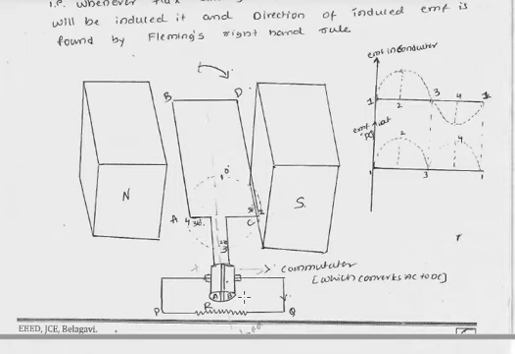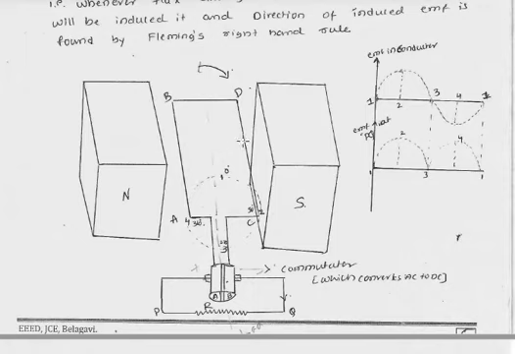Now with this arrangement, on this side we have commutator segment A, and on this side we have commutator segment B. Whenever this coil is rotating, and this commutator is fixed to the coil, this commutator segment also rotates. The brush will remain at the same location, but the commutator segment rotates with the coil.